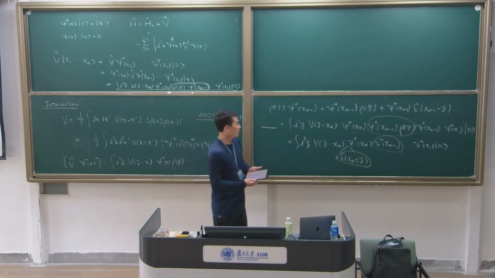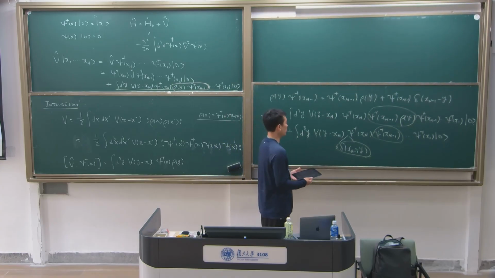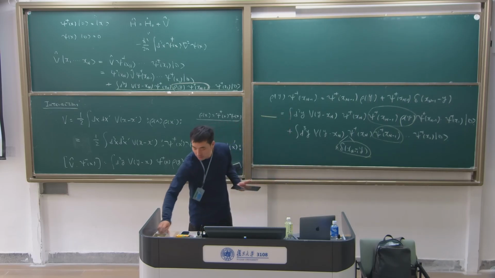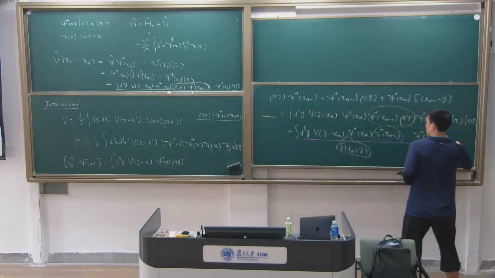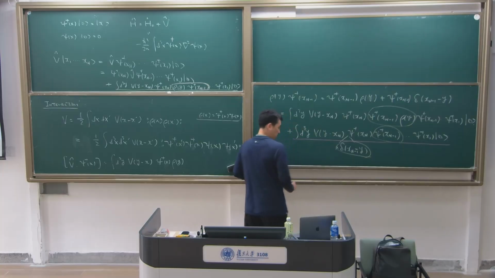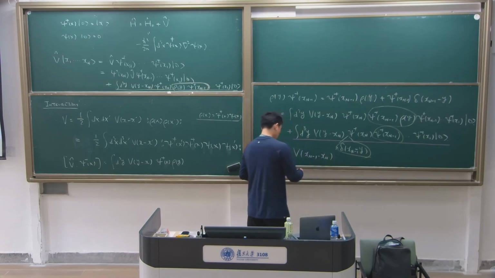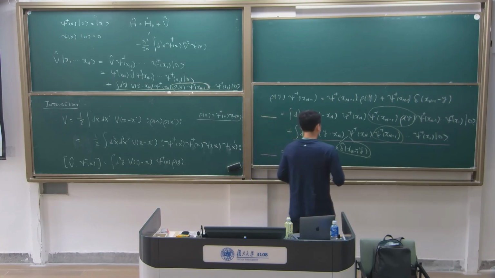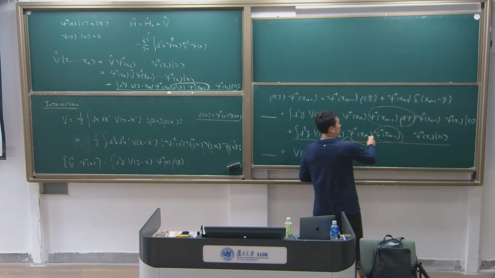So now you can see that the second time you can perform the integration over y. If you do the integration over y, what you get is the second term, which is equal to b of xn minus 1 minus xn, and then the rest is just xn to x1.